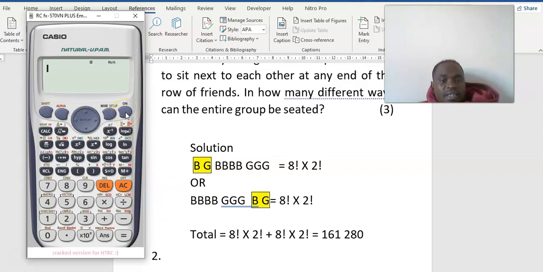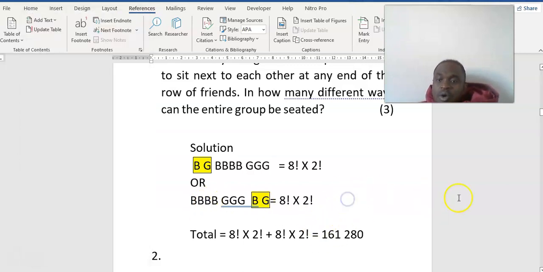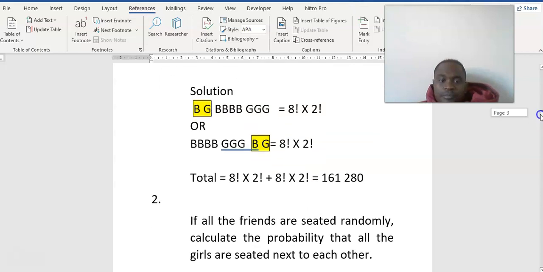So let's add this. 8 factorial times 2 factorial plus the same thing times 2 factorial. We are going to have this one. Okay, let's continue.